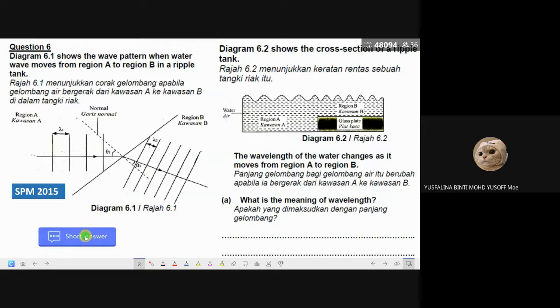Okay, how about this one? So what does it mean by wavelength?